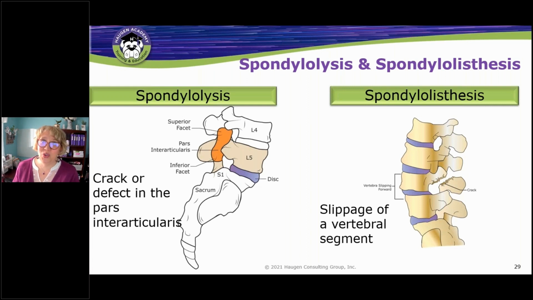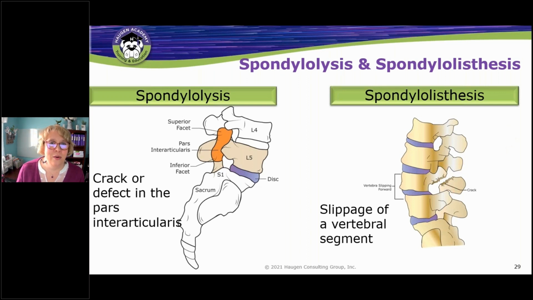Again, two different conditions. One is saying I've got degeneration of this joint. The other one is saying I've got slippage of the vertebral segment. But there is an Excludes1 note for spondylolysis with spondylolisthesis, because if you have spondylolisthesis, you have spondylolysis. Hopefully that makes sense.